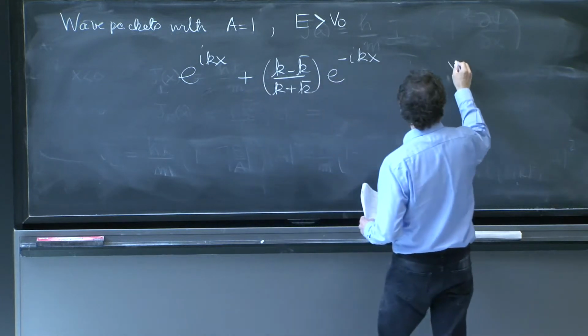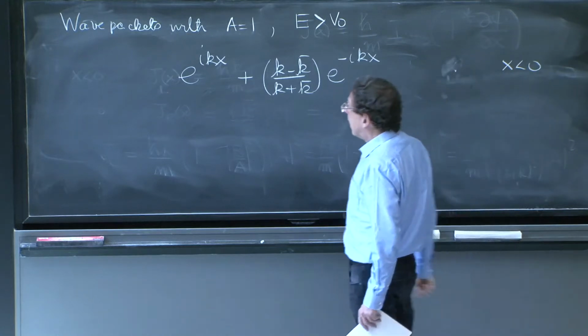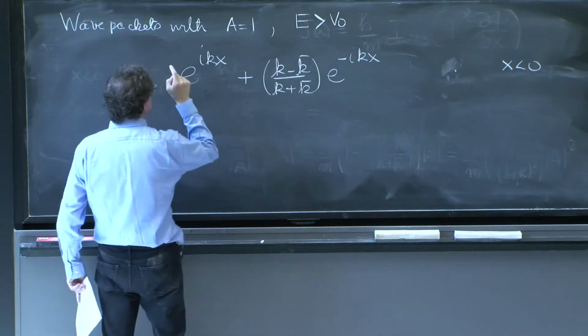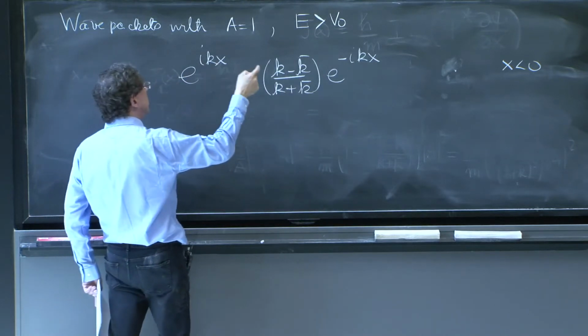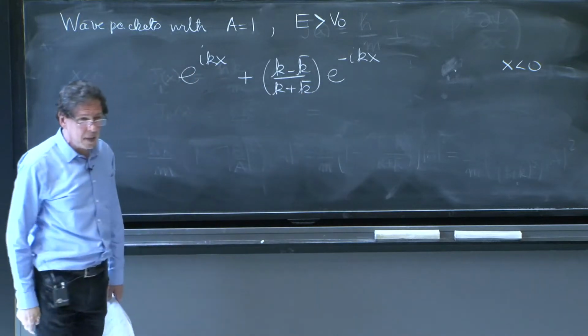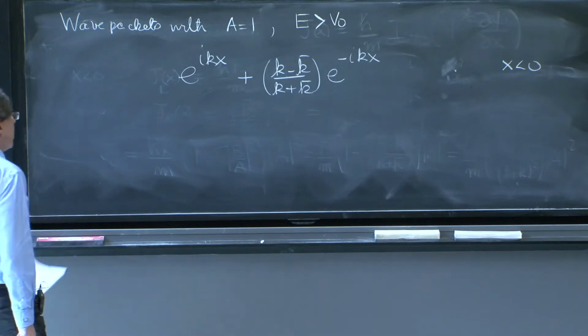And this was for x less than 0. And indeed, when there was an A, there was a B. If A is equal to 1, remember we solved for the ratio of B to A, and it was this number, so I've put it there. I'm just writing it a little differently, but this is a solution.